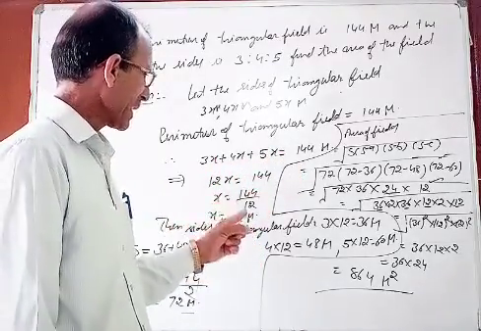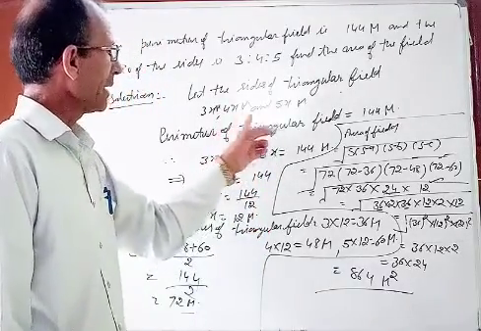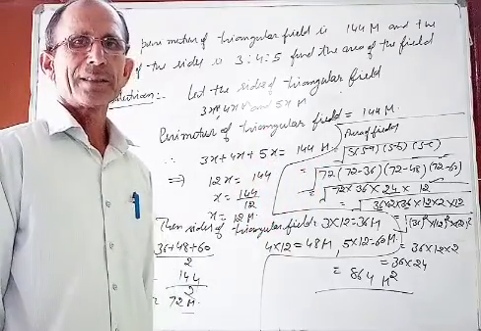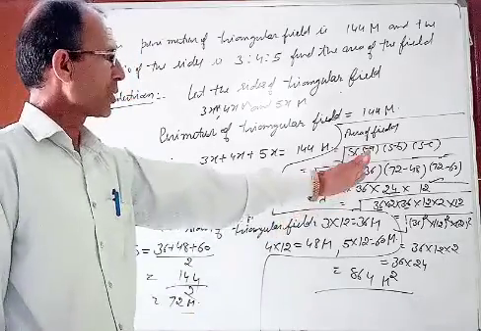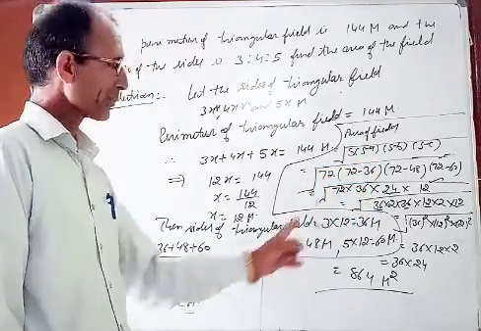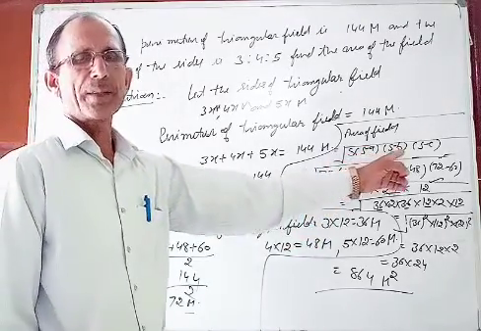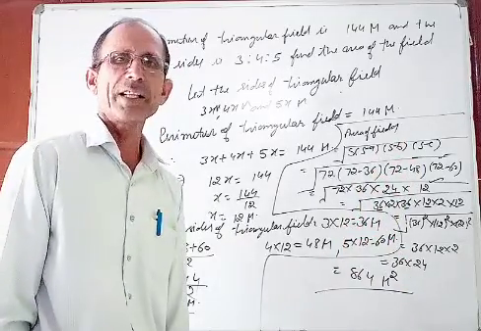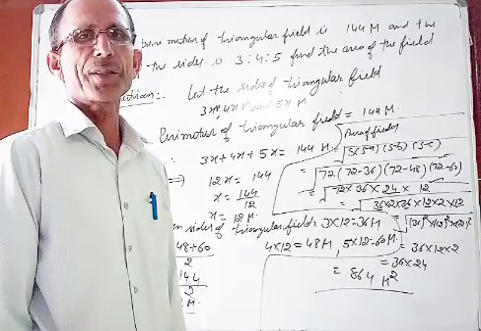So the value of x is 12 meter. Multiply 12 with this, it means 36, 48 and 60 meter. These are the sides. Now by using Heron's formula, first find S. S is 72. Then apply this formula, root of S into S minus A, S minus B, S minus C. Simplify: 864 square meter. So this is the solution of this question.